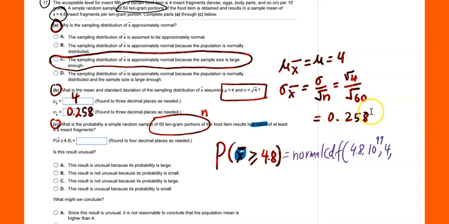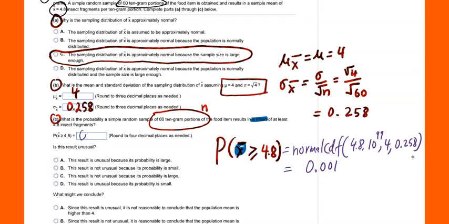The standard deviation is this number we found for the sampling distribution, which is 0.258. If you put that in the calculator, and I'm not going to do that since I did it all the times, it's going to be 0.001. So for this part it's going to be 0.001, which is very small. Is less than what?